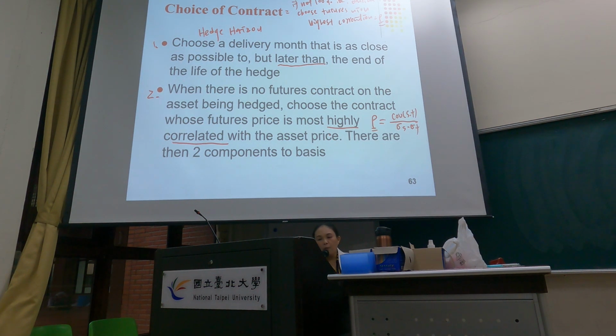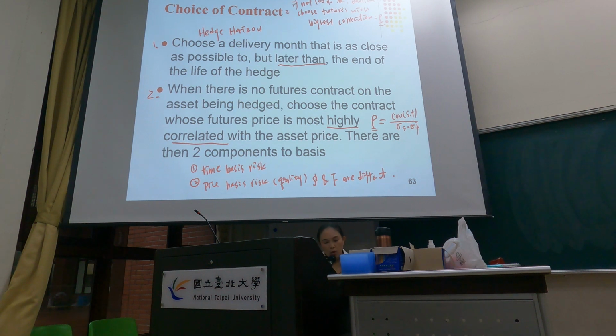And then with the asset price, okay? So there are two components to basis. So you have two basis risks. One is time basis risk, and secondly is the price basis risk. Okay, this price basis risk is also referred to as the quality, right? Because S and F are different.